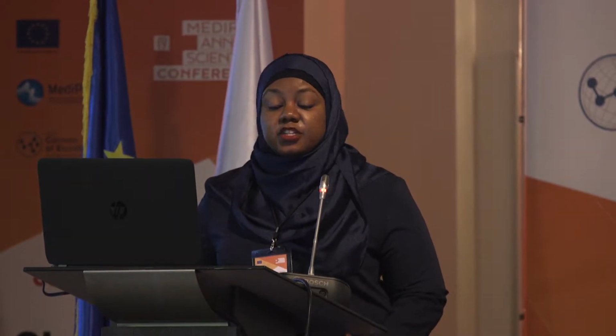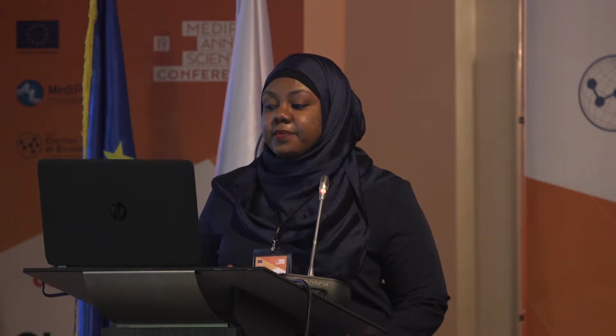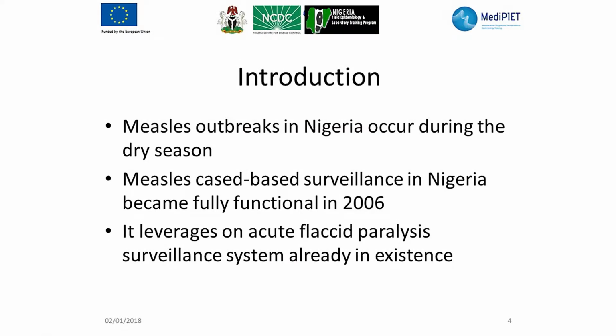Sub-Saharan Africa has the highest morbidity and mortality due to measles, and outbreaks in Nigeria occur during the dry season. The dry season in Nigeria, especially in the north where measles is more endemic, runs between November, December to May. But the peak of the outbreaks is seen between March, April, May.